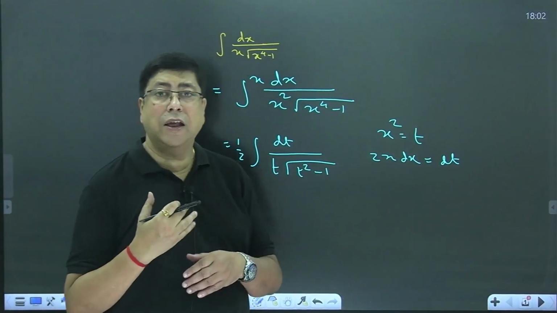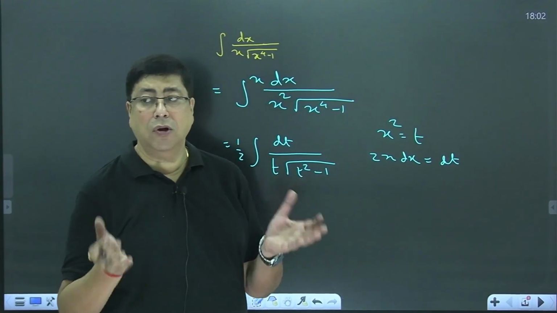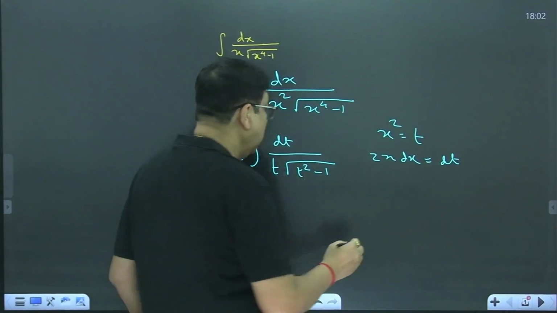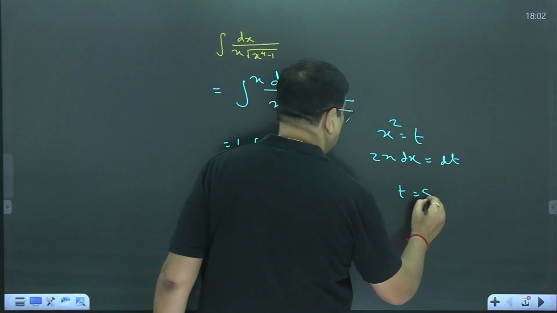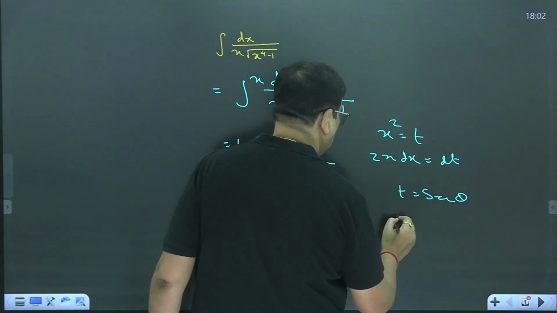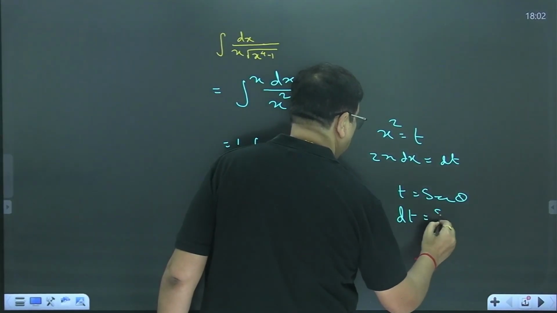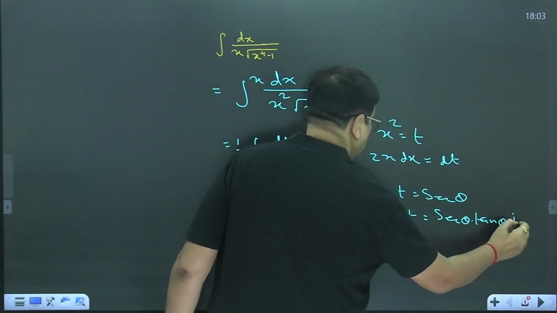This is the direct integral of sec inverse, but suppose we forgot the exact integral, what to do? We'll do it this way. Let t equal sec theta, so dt equals sec theta tan theta d theta.